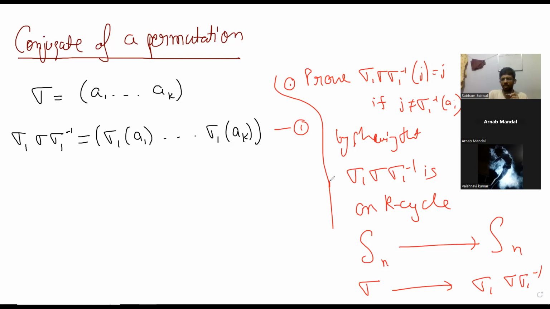So if you consider this automorphism, then you should be able to show directly that cycle types are preserved. Or at least to begin with, you can show that if something is a cycle, then it goes to a cycle, and that is not difficult.